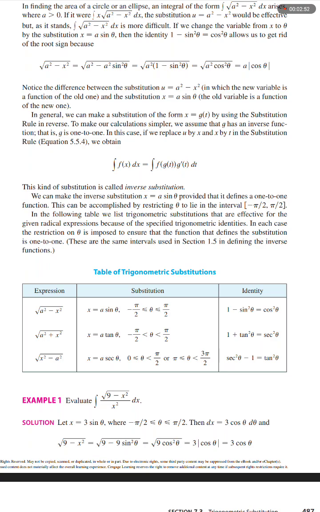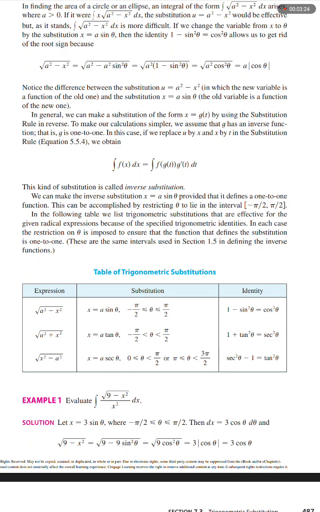In this case, if we replace u by x and x by t in the substitution rule, equation 5.5.4, we obtain the integral of f of x dx equals the integral of f of g of t times g prime of t dt. This kind of substitution is called inverse substitution.